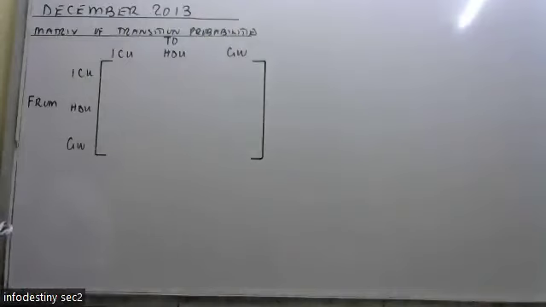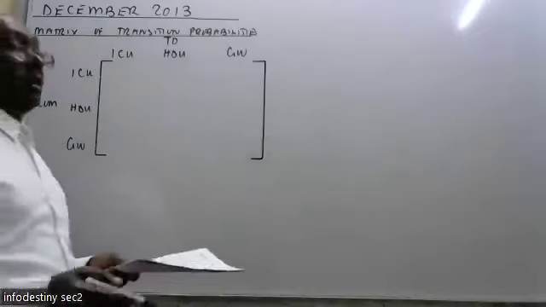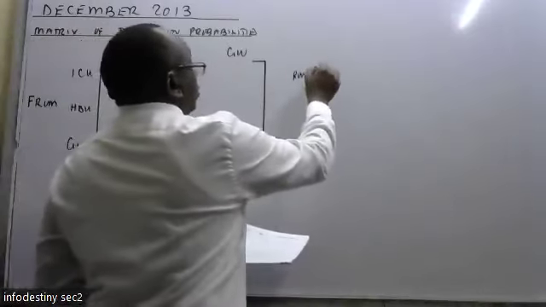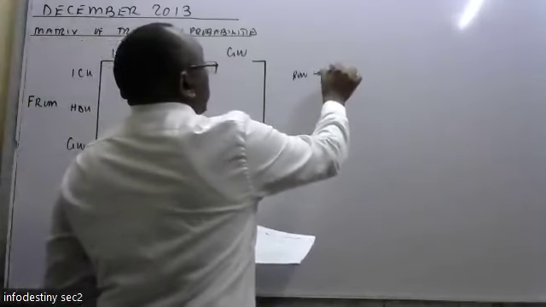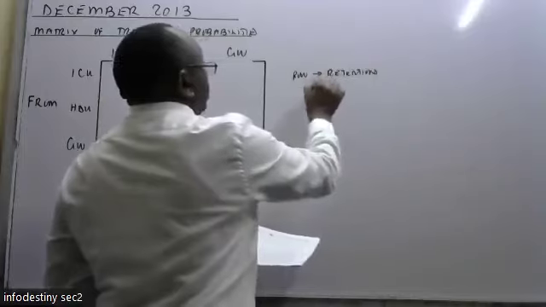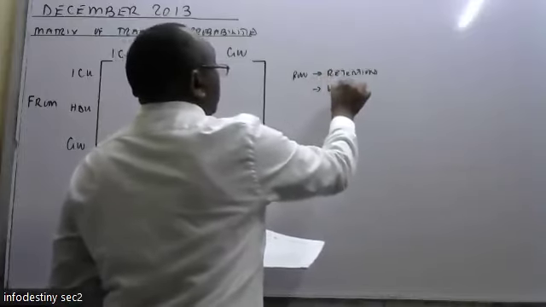So according to the information we have read, they are saying 50% of the patients in ICU at the beginning of the month will remain. Remember, I told you when you're dealing with transition matrices, a row shows 2 things. One is retentions, and 2 is losses.